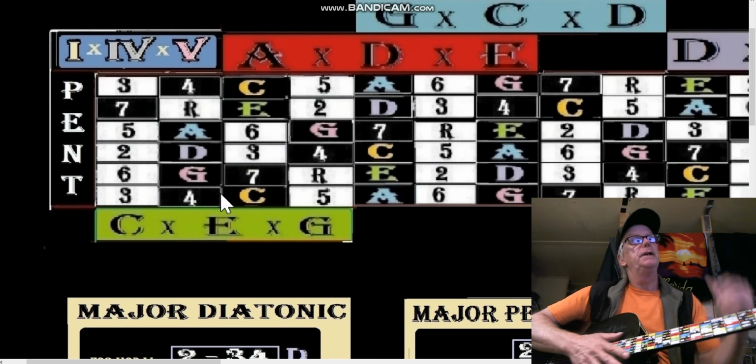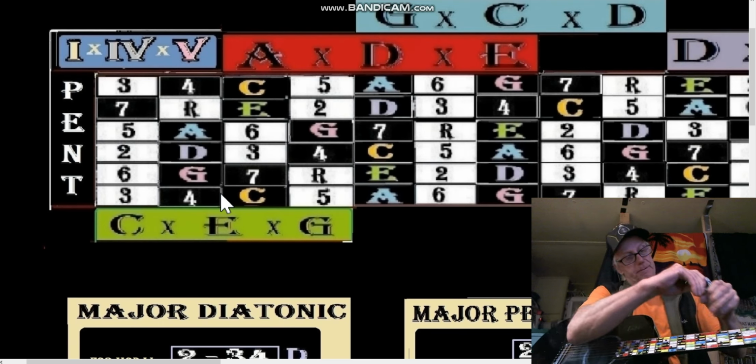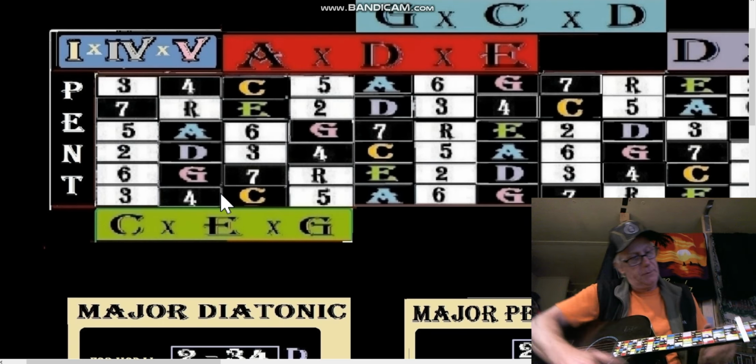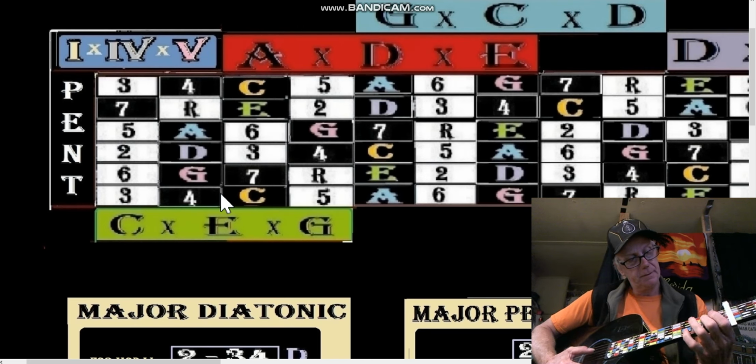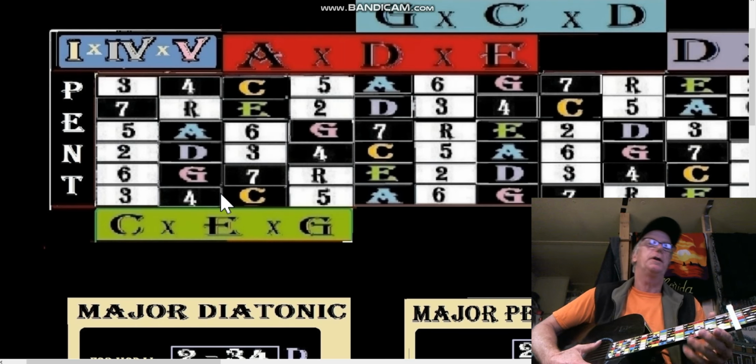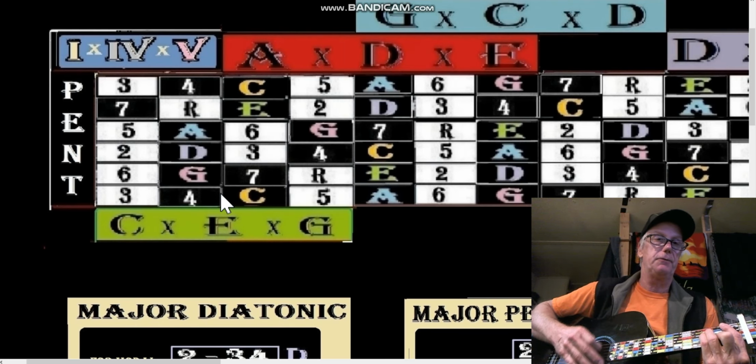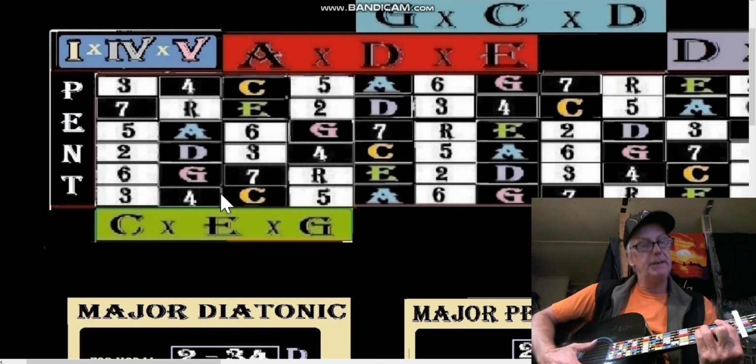So we're here with the C right here. We have our diatonic, we have our C, and I played the diatonic. Like that. We can go to the fourth, which is the E-shaped fourth, and its pentatonic.